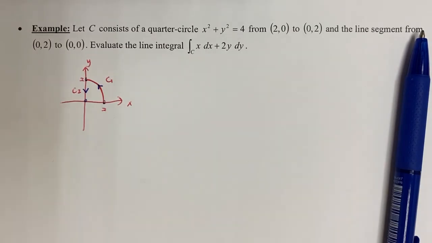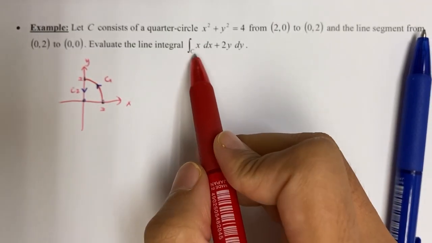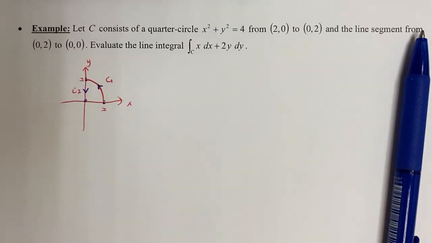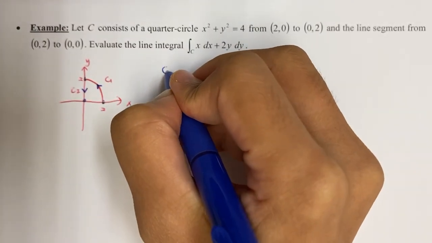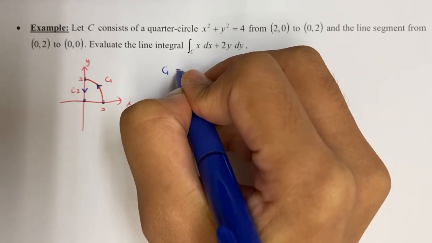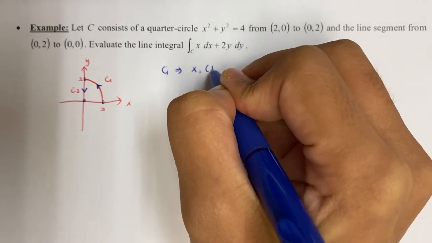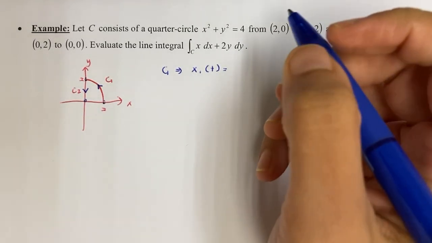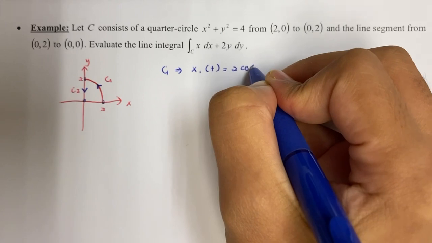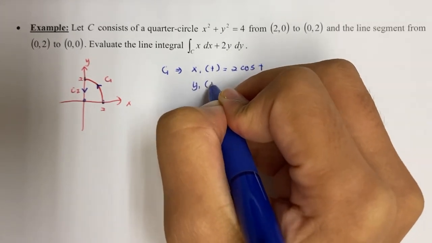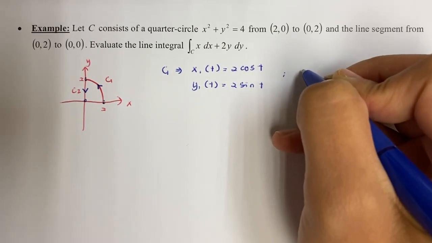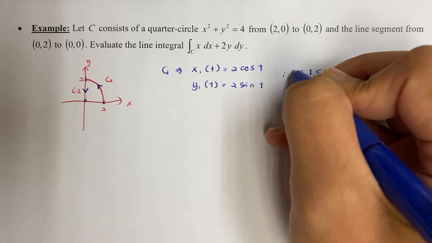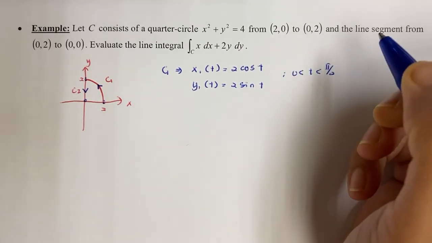So you have different curves. To evaluate the line integral over C of x dx plus 2y dy, we need to solve segment by segment. First we consider C1. For C1, x1(t) is given by a circle: 2 cos t, and y1(t) is equal to 2 sin t. Of course, t is from 0 to pi over 2 since it is a quarter circle.